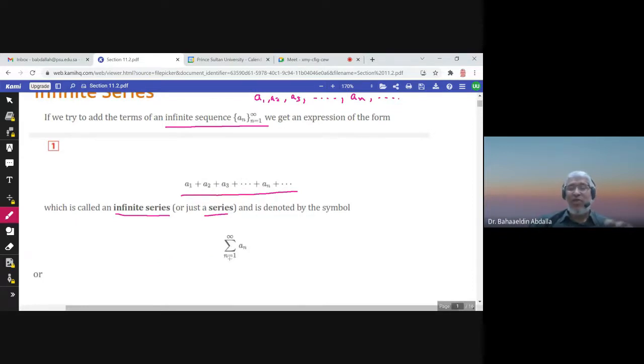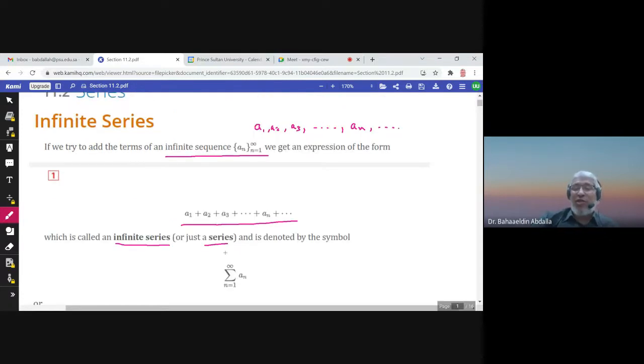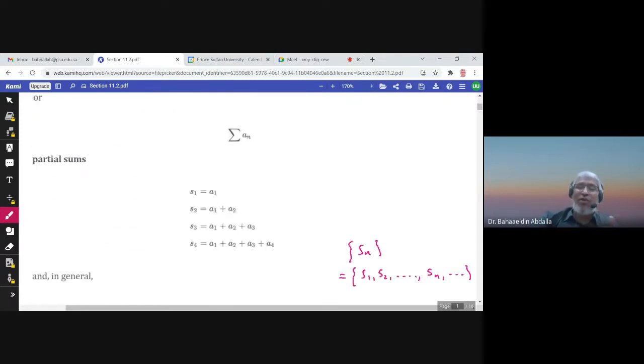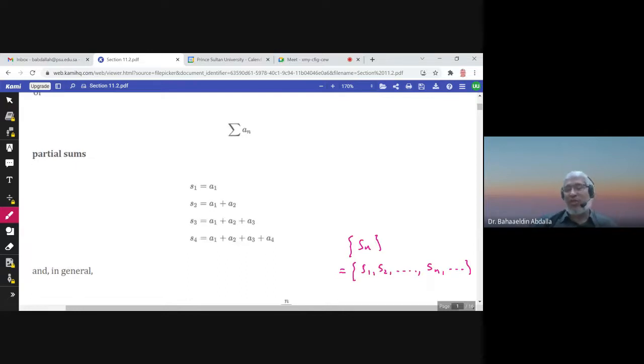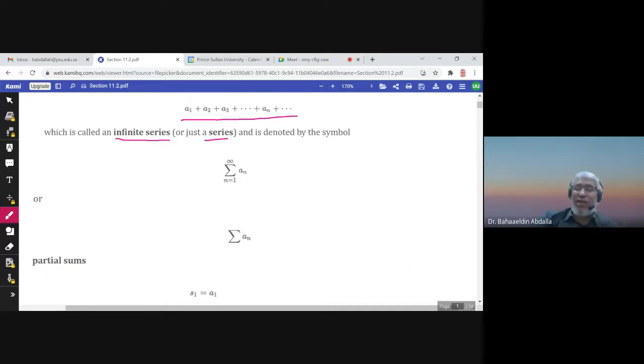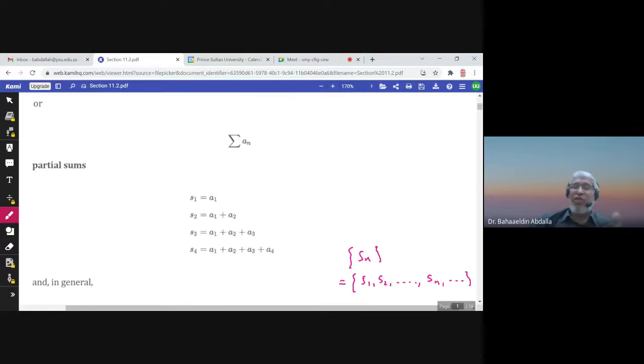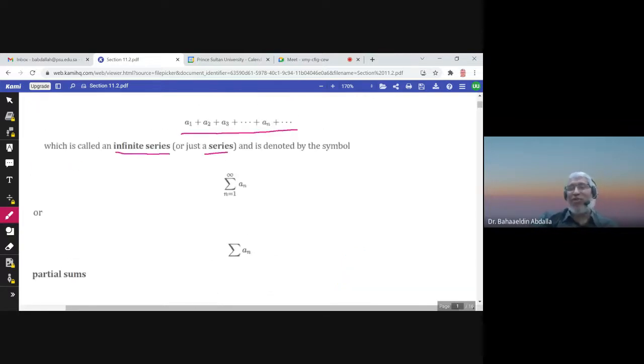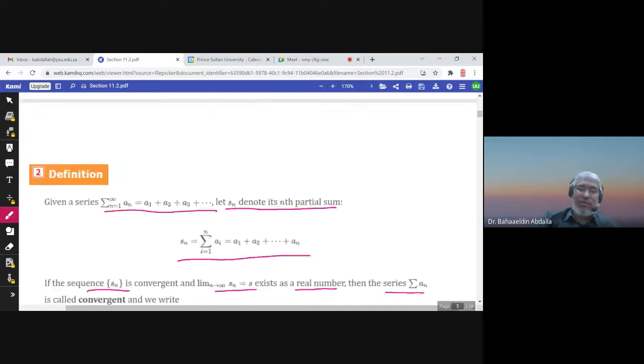The convergence or divergence of the series depends not on this sequence, but on the sequence of the partial sums, this sequence. If this sequence of partial sums converges, then the series converges. And if this sequence diverges, then the series diverges. All right.